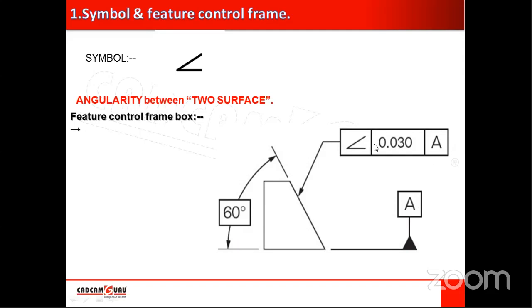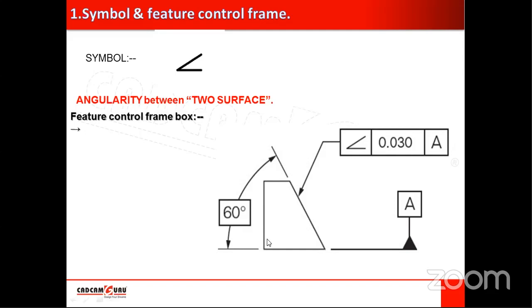But the tolerance is mentioned in linear dimension. Means this is length in mm, and here we have replaced its tolerance with the linear dimension. So we will see what their conversion is and how to compare this linear dimension with the angular dimension.